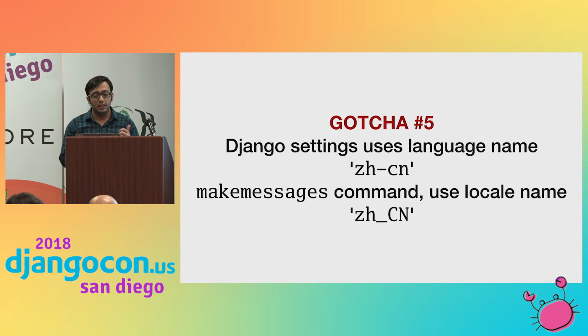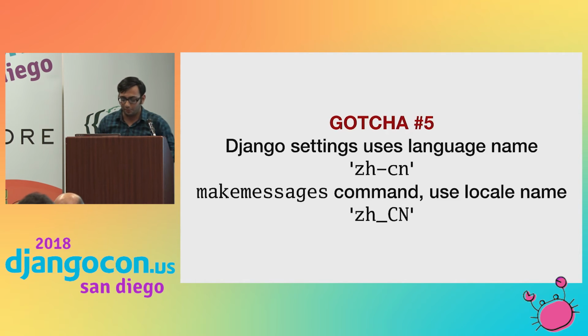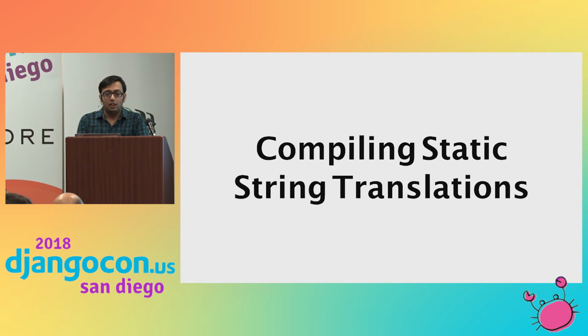But in the makemessages command, you use the locale name, which is zh_CN. So CN is the region, and it should be in caps, separated by an underscore. If you make a mistake here, you won't see any error, and your translations won't work either. There is a small line in the documentation which says this is how you should do it. So take care here.